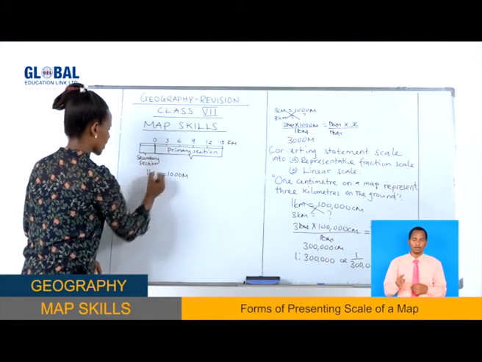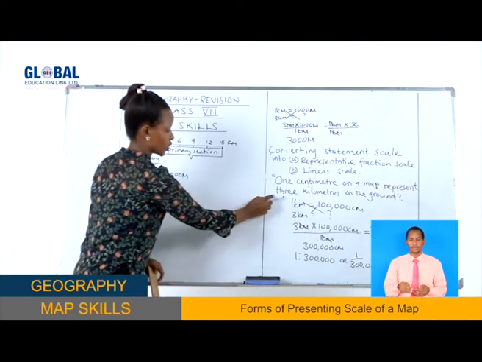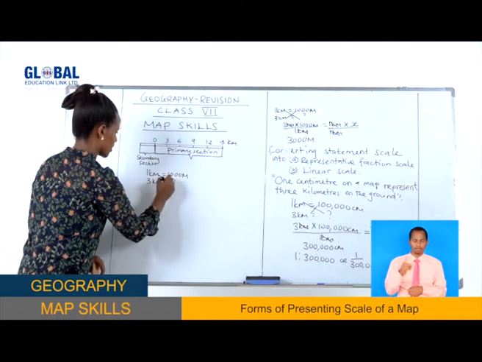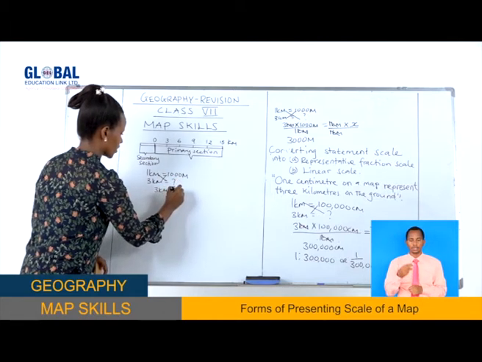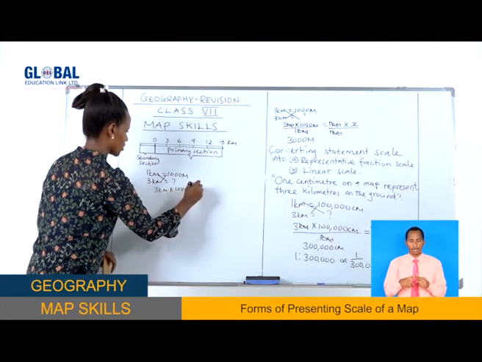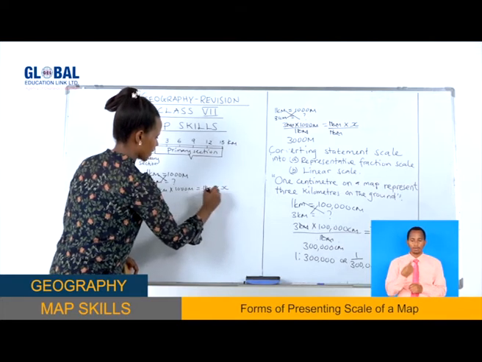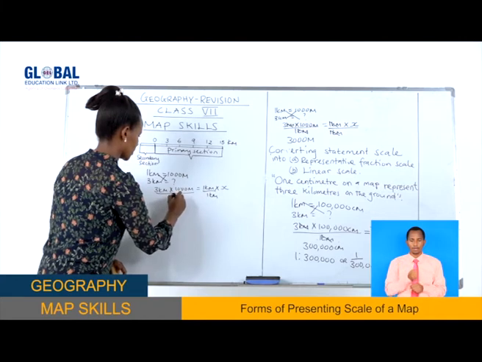Then 3 kilometers, the same which you are given in the statement scale, will be how many meters? Then cross multiply 3 kilometers times 1,000 meters, which is equal to 1 kilometer times x. Divide by 1 kilometer, divide by 1 kilometer.